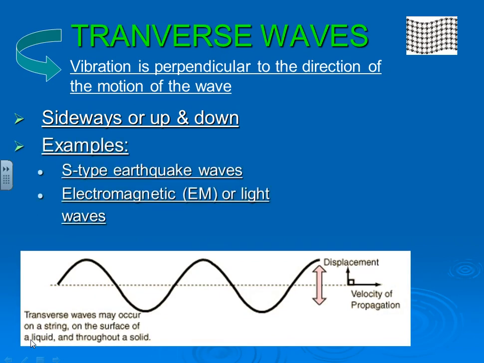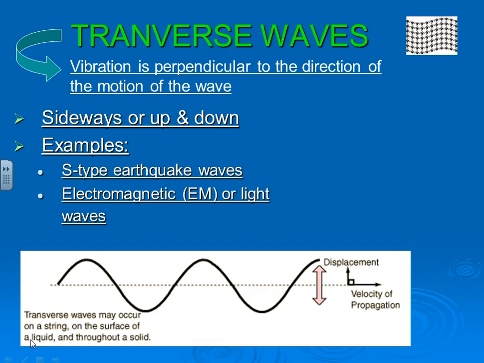Some examples of transverse waves would be your S-type earthquake wave. S-type stands for your secondary earthquake wave. And then also electromagnetic waves would be considered transverse.